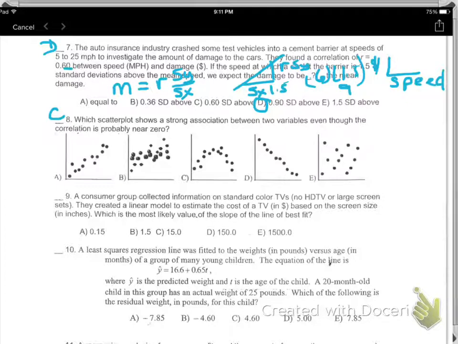Okay, 9. Consumer Reports. Oh, the TV. Okay, so let's think about this. I know you guys don't go out buying this stuff, but how much is a TV? A TV was $300, $200? And what size is your TV? I'm going to say 25 inches, okay? So I'm going to take $300 divided by my size, which is 25, and I get 12.